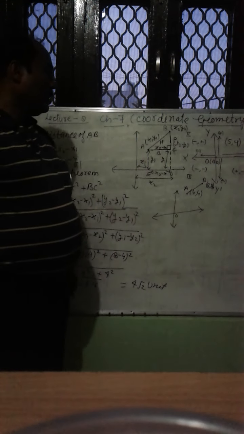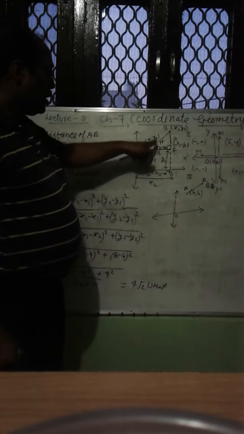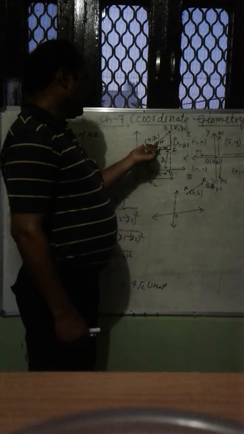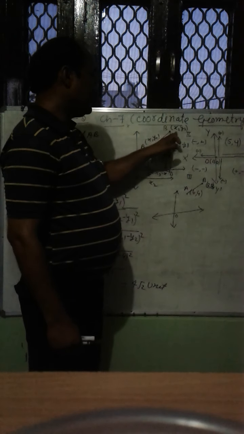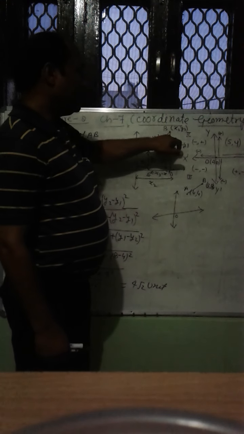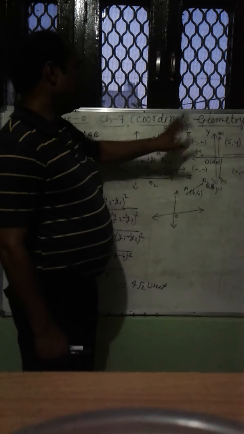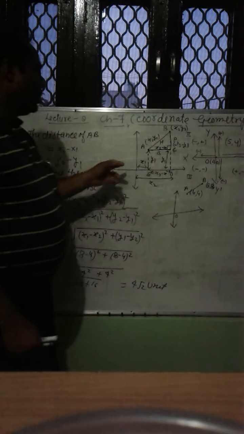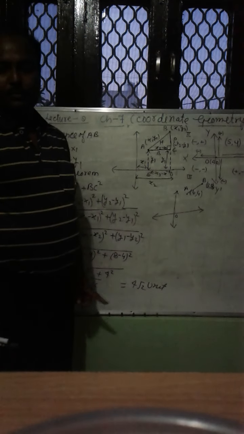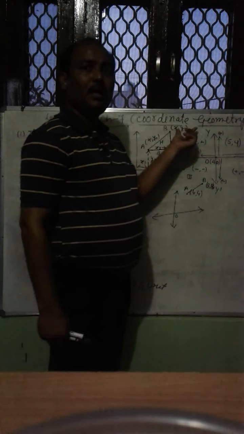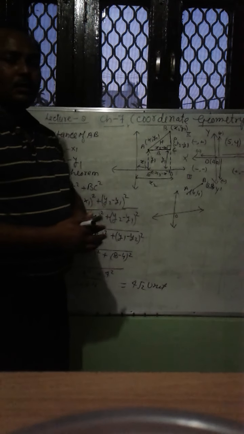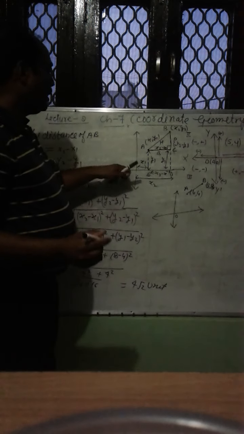Suppose, once we step back, here is x1, y1 and this is x2, y2. If only one point is given here, for example this coordinate is x comma y, or x1, y1, and we take the other coordinate at the origin, then we find the value of AB.